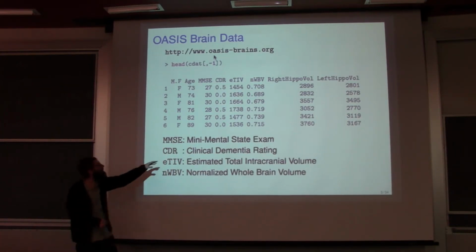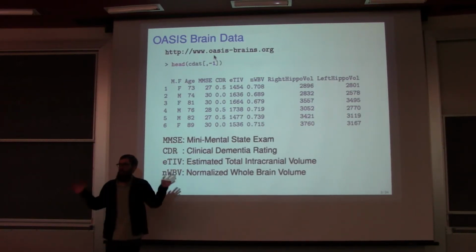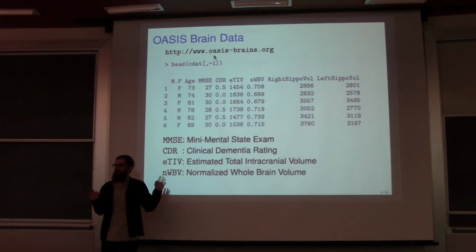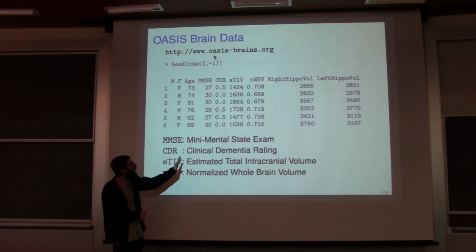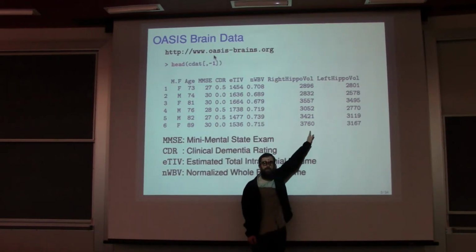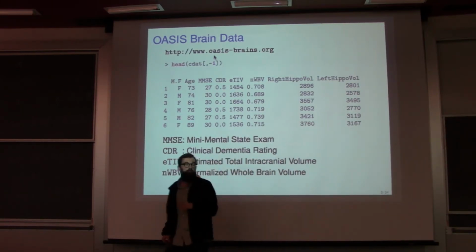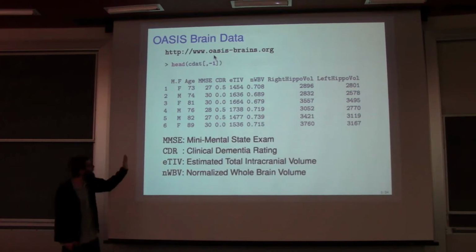The question is, we've got 1, 2, 3, 4, 5, 6 variables. There are actually a lot more variables we could throw in here, but for the purpose of this example, say we've got 6 variables, and we want to know how those variables relate to or predict the hippocampal volume. We'll stick to just right hippocampal volume, though we could do right or left.